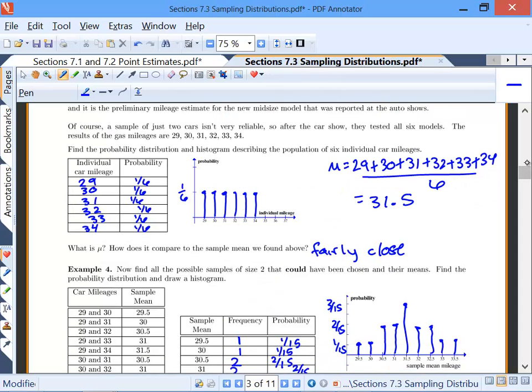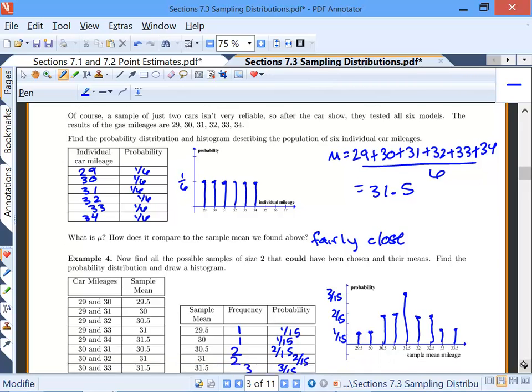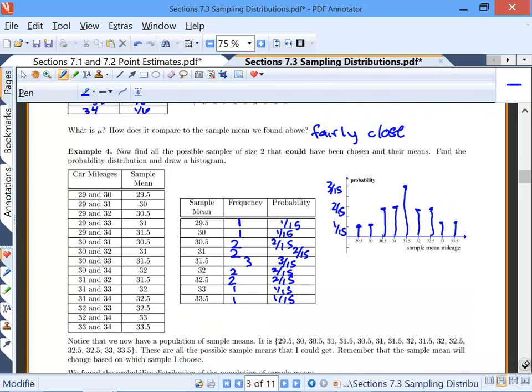So our original population looked like a kind of uniform distribution, where it's kind of rectangular. And then when I found my sample means, even though I only had a sample of size 2, now it's starting to look a little more like what? A little more like the normal distribution. Okay, and that was only with a sample of size 2.